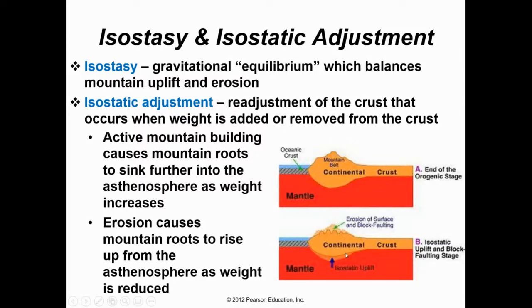So that same concept is what happens here with isostatic adjustment. When you take the weight off, the object, which in this case is a mountain range, or the root rather, the root of the mountain range will begin to rise up higher into the mantle, okay? And just so you know, this is the asthenosphere that we're talking about here. Where it says mantle, it really should say asthenosphere.